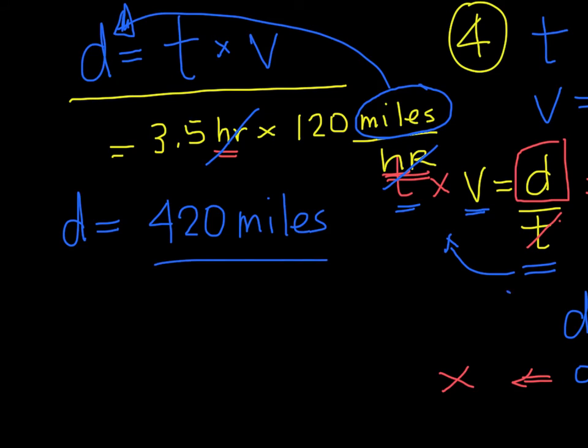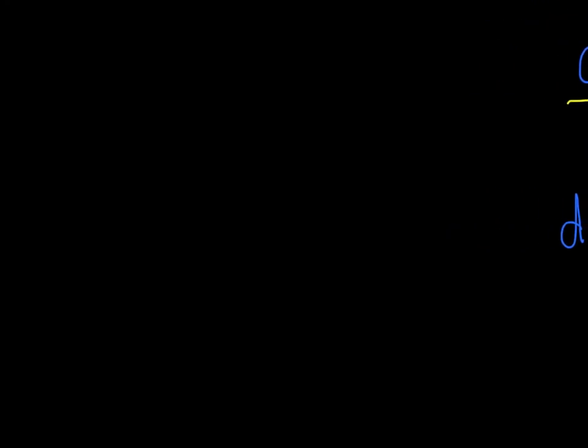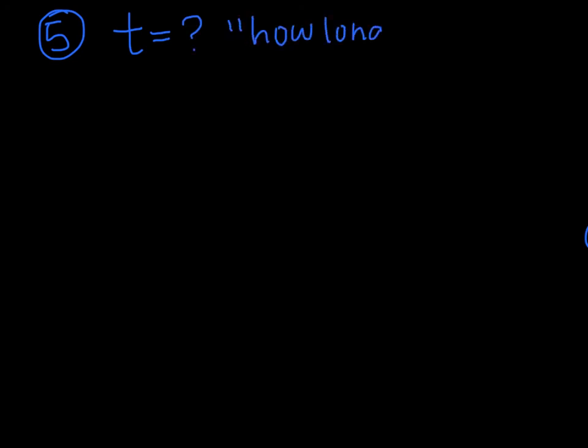All right, so let's look at number 5. It says, how long would it take? How long? That's going to be time. It says, how long will it take for a car to travel a distance of 200 kilometers.